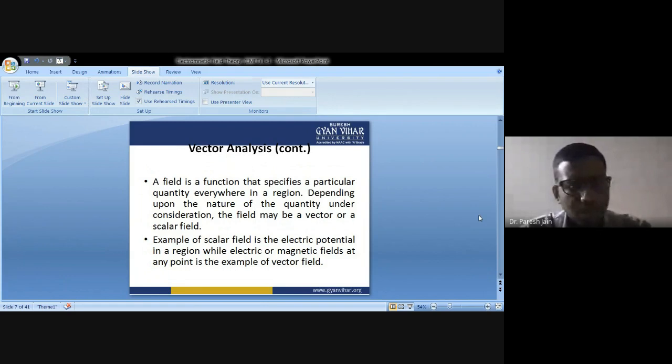The field may be a vector or scalar field. An example of a scalar field is the electrical potential in a region, while the electric or magnetic field at any point is an example of a vector field.